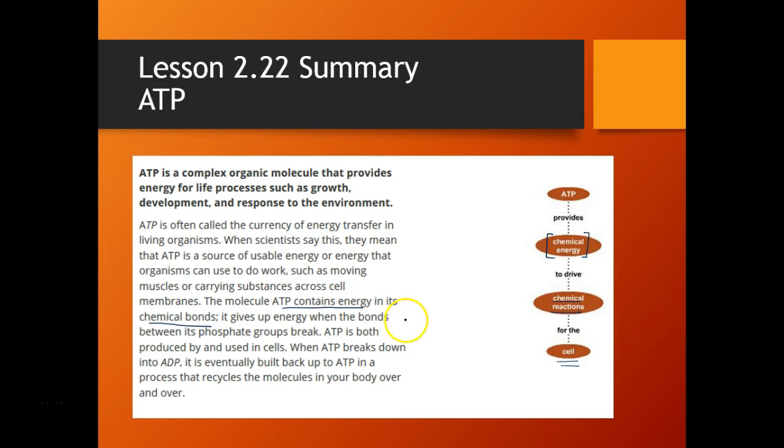Remember, the energy is stored in between the phosphate bonds, so when you break those phosphate bonds, the energy is released. When ATP breaks down, it breaks down into ADP, but it can actually be built back up to ATP so that ATP can actually be recycled in our body over and over again.